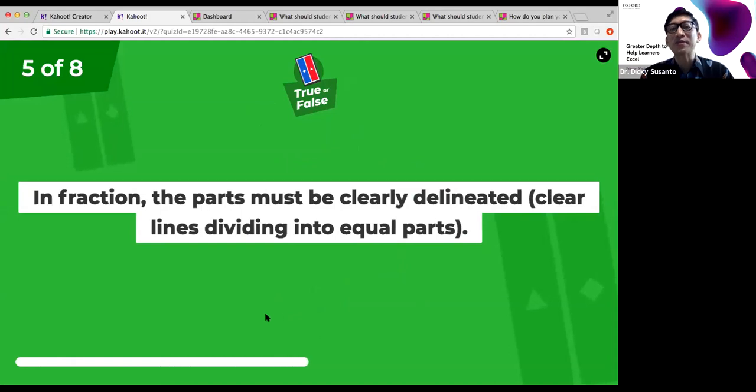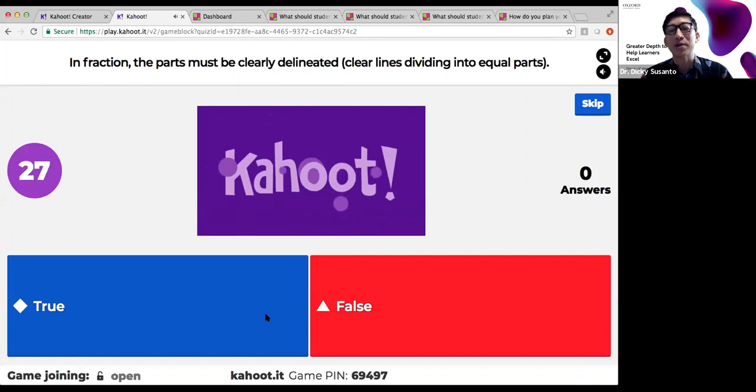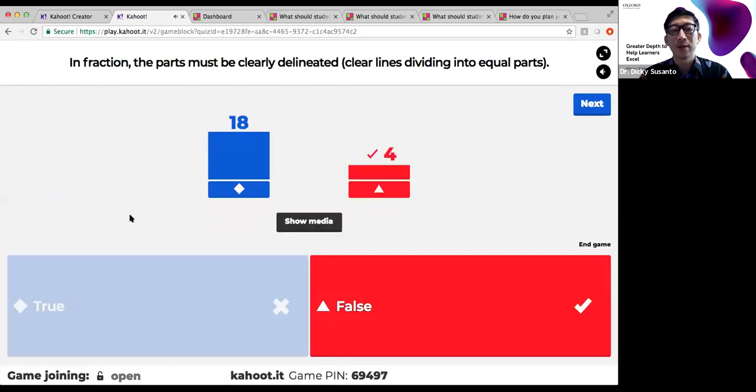In fraction, the parts must be clearly delineated, clear lines dividing into equal parts. Okay, so 18 says true.